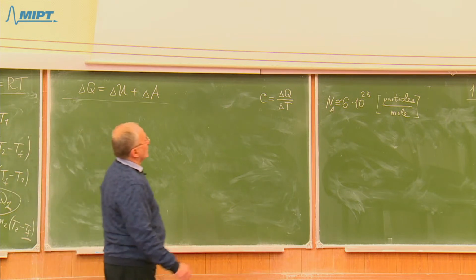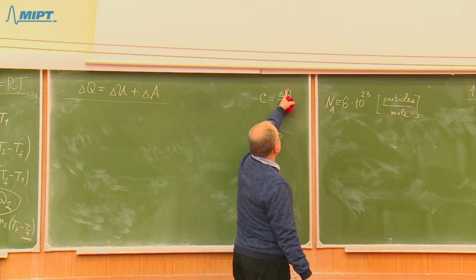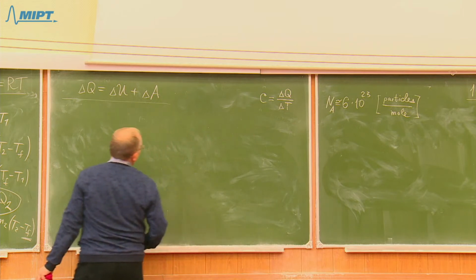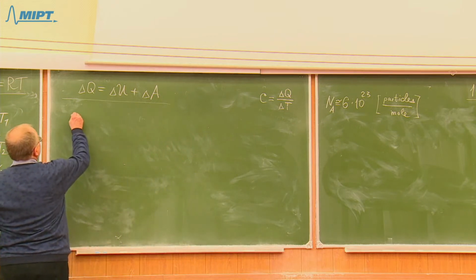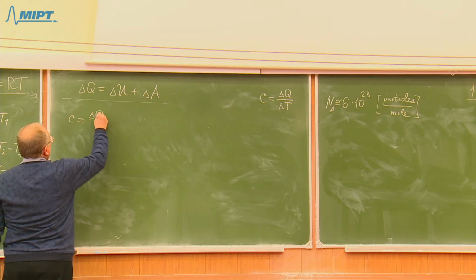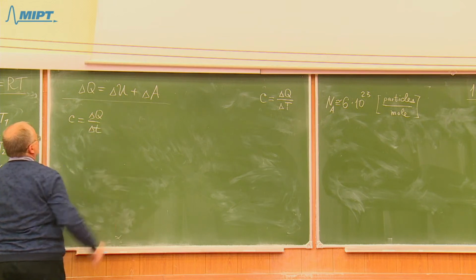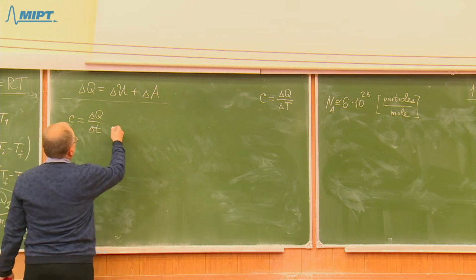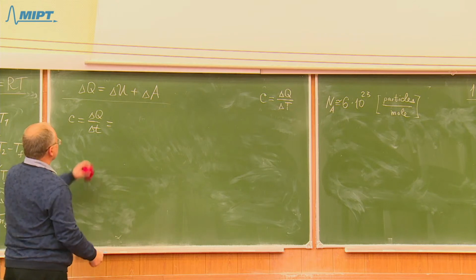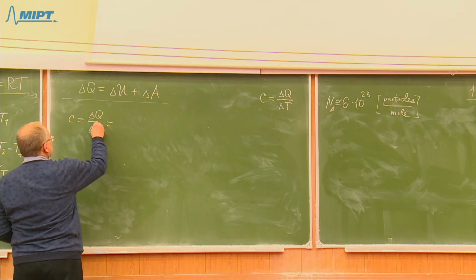So if specific heat capacity by definition is such a formula, then we can write that specific heat capacity by definition being delta Q divided by delta T, which is temperature.